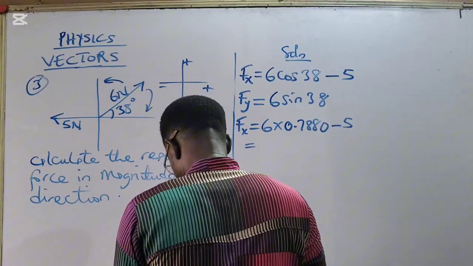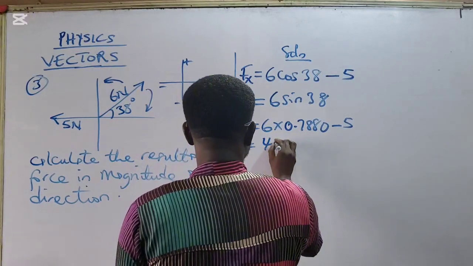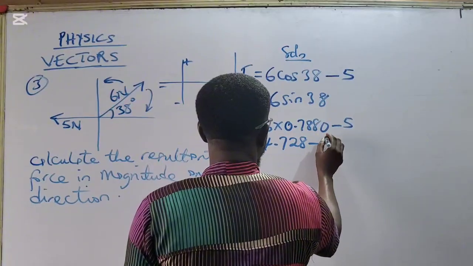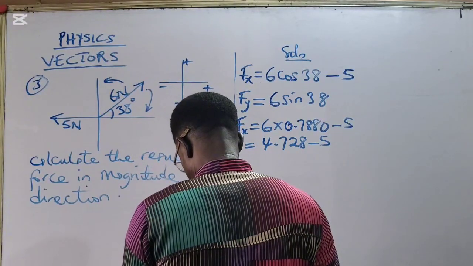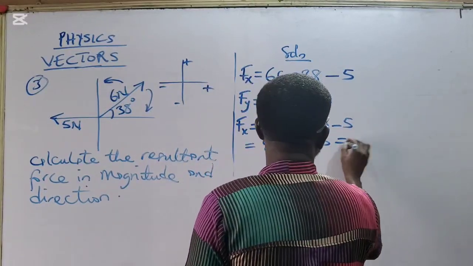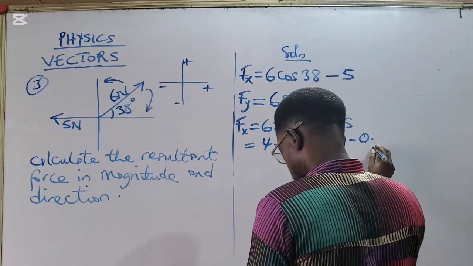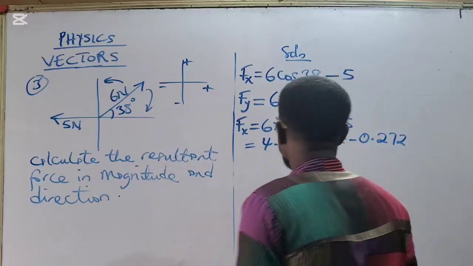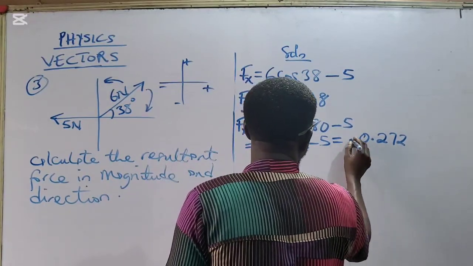Multiply that by 6, we get 4.728. And subtract 5, we get minus 0.272.